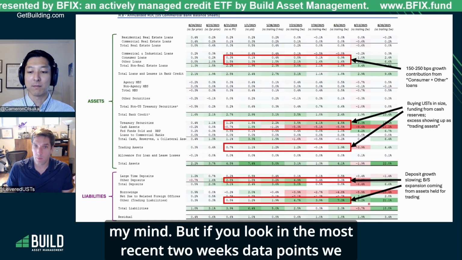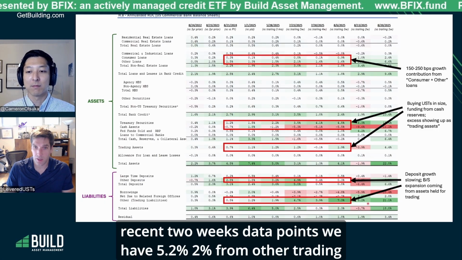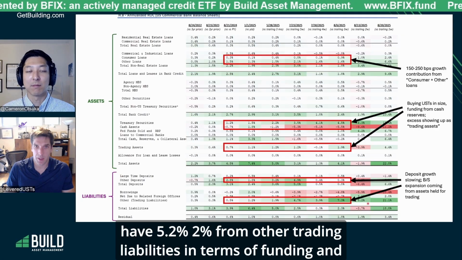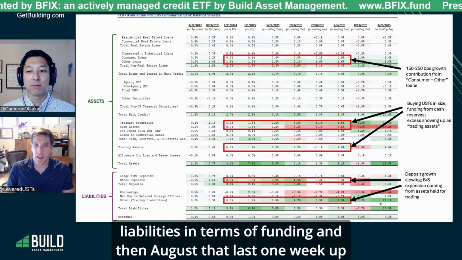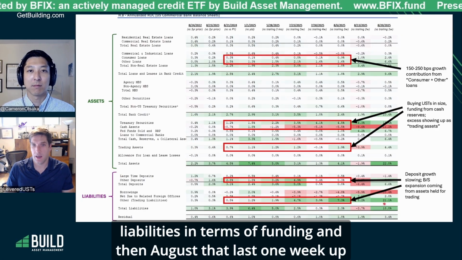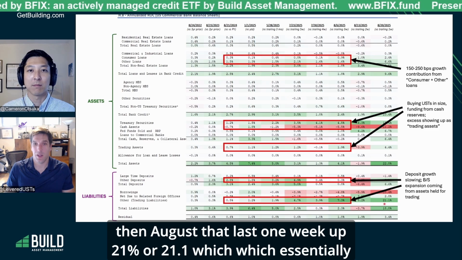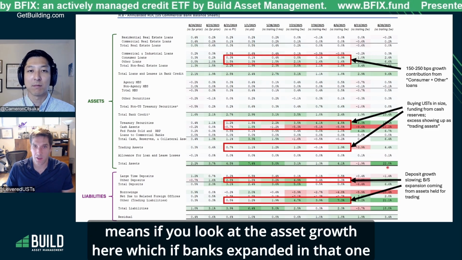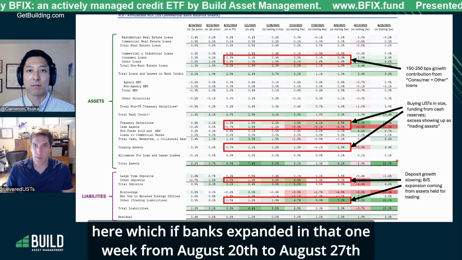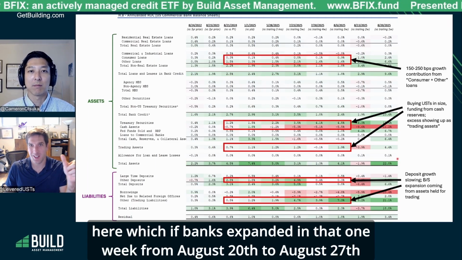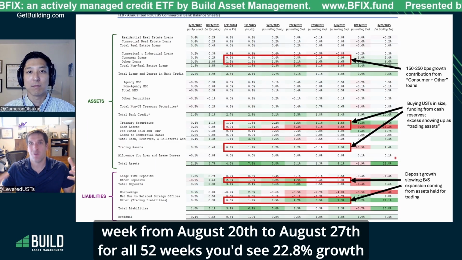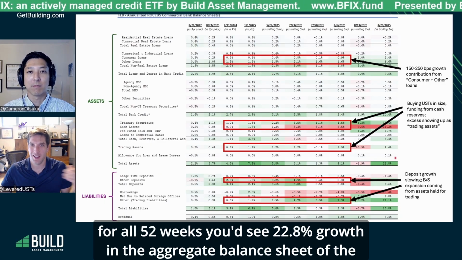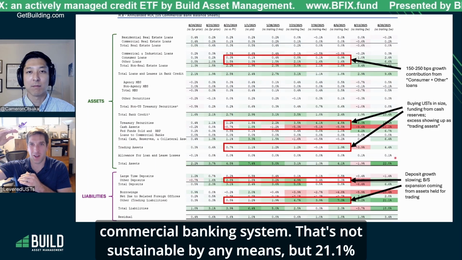But if you look at the most recent 2 weeks of data points we have, it's 5.2% from other trading liabilities in terms of funding. And then in August, that last 1 week, up 21.1%, which essentially means if you look at the asset growth here, if banks expanded in that 1 week from August 20th to August 27th for all 52 weeks, you'd see 22.8% growth in the aggregate balance sheet of the commercial banking system.